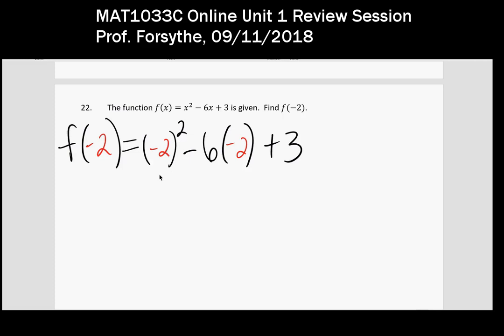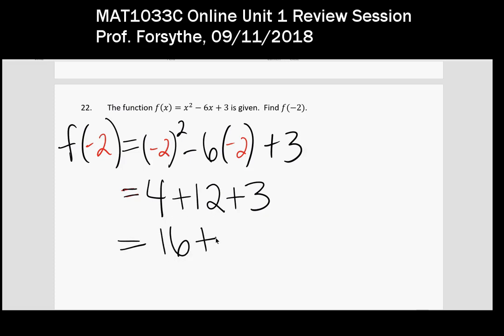So -2 squared is -2 times -2, which is positive 4. -6 times -2 is positive 12. And then we're going to bring down that plus 3. So now 4 plus 12 is 16, plus 3 equals 19.